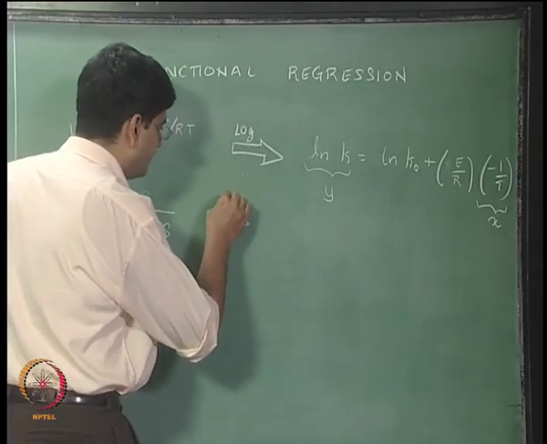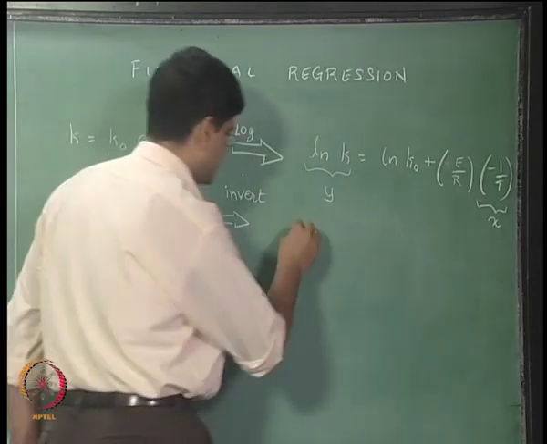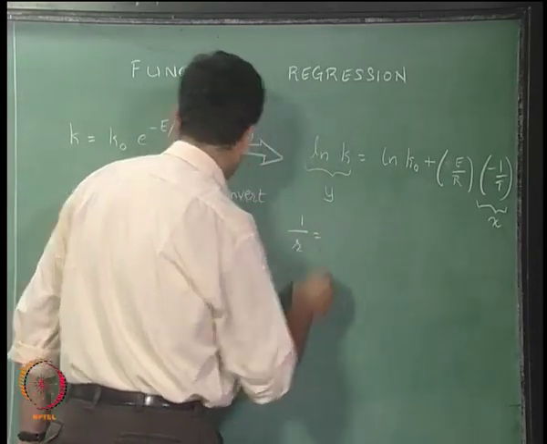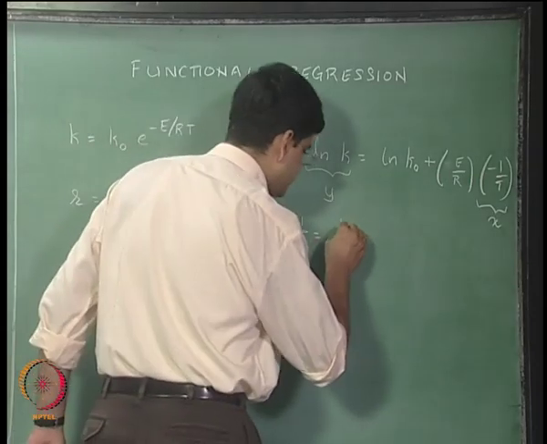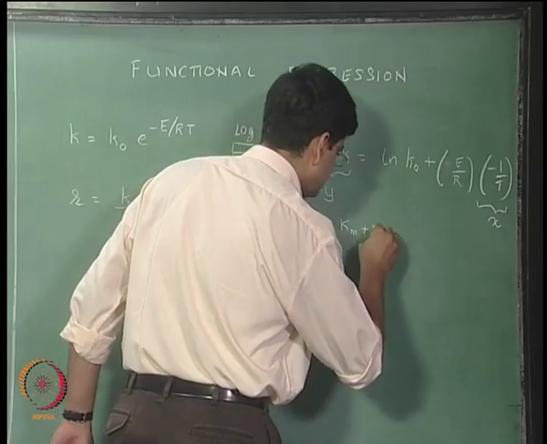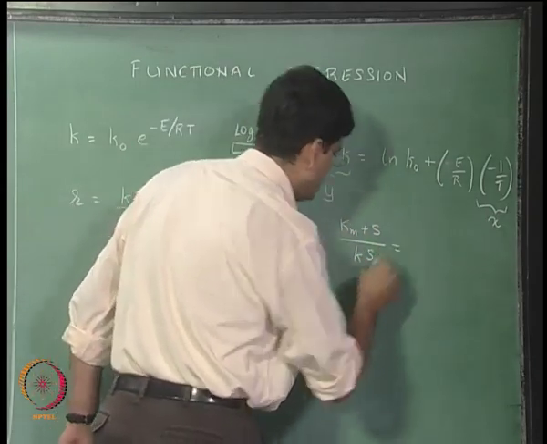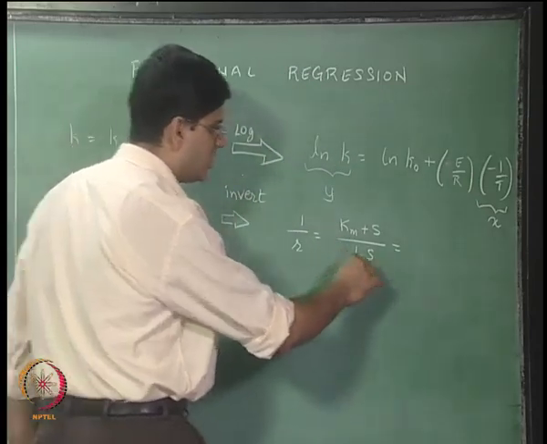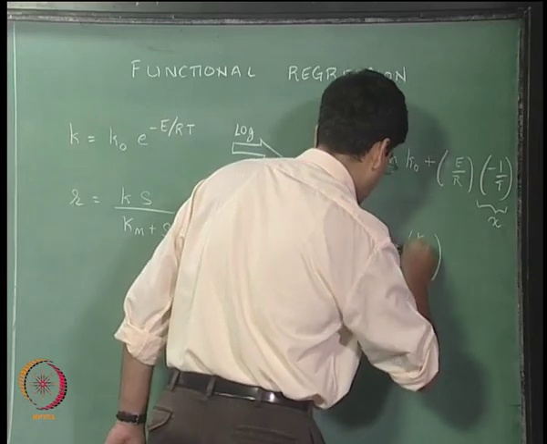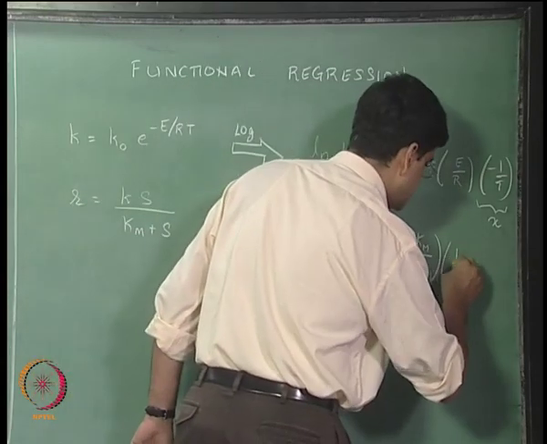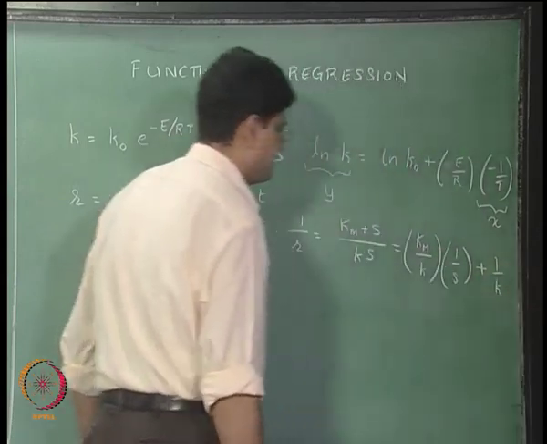And when we invert this particular expression, we will get 1 by r is going to be equal to Km plus S divided by kS, which we can write down as Km divided by k multiplied by 1 by S plus 1 by k, okay.